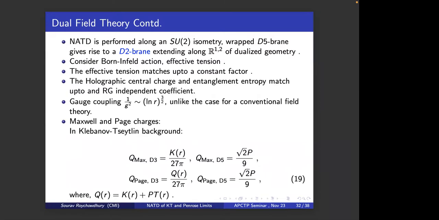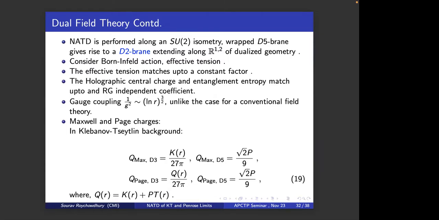Along the same line, one can consider the world volume of the Born-Infeld action for the world volume of the D2 brane, and we end up with some effective tension. However, it turns out that these effective tensions, before dualization and after dualization, match up to a constant factor. So it doesn't give any new information because it's along the same line.